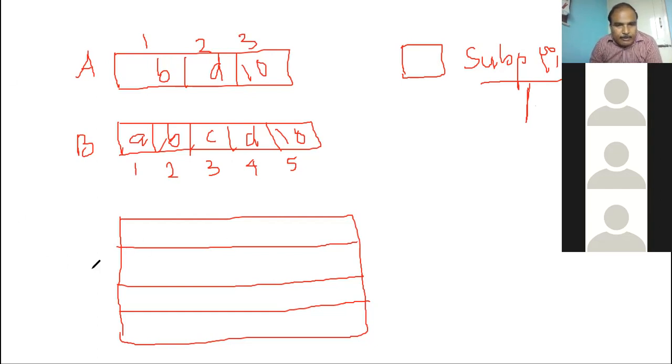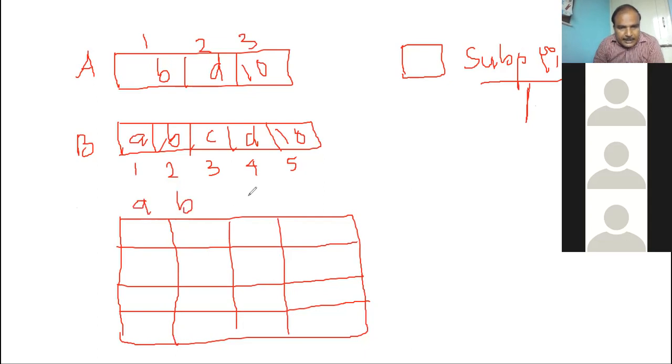Please, all of you, draw this table in your notebook. I've written all the characters of B here, and all the characters of A here.